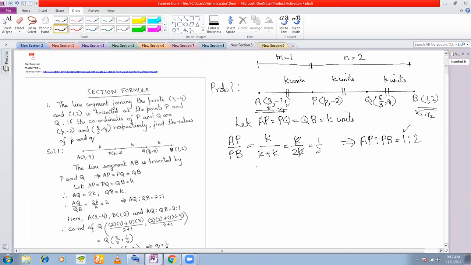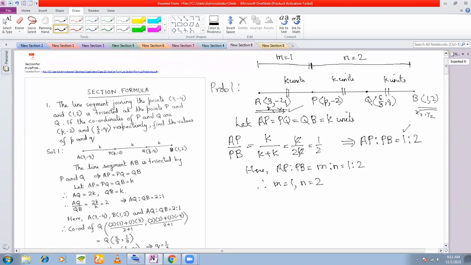So M is equal to 1 and N is equal to 2. So here AP is to PB is equal to M is to N is equal to 1 is to 2. Therefore, M must be equal to 1 and N is equal to 2.